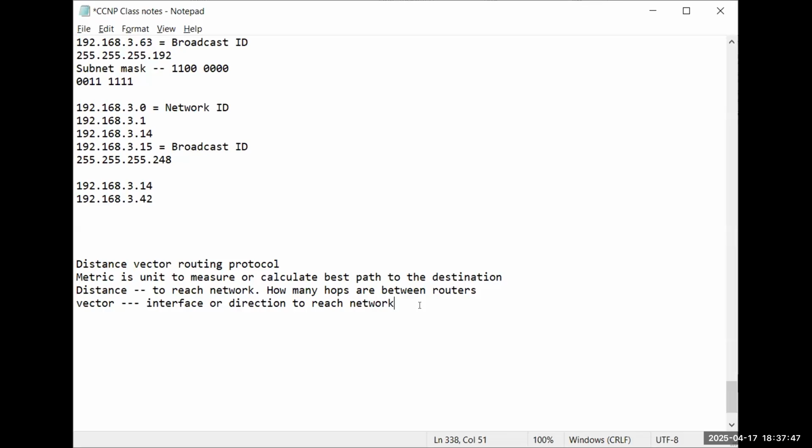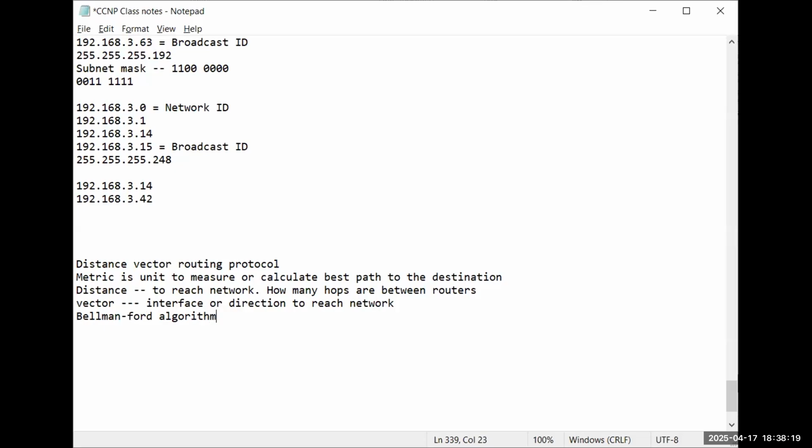Okay, and this works based on the Bellman-Ford algorithm. So the distance vector routing protocol works based on this algorithm.